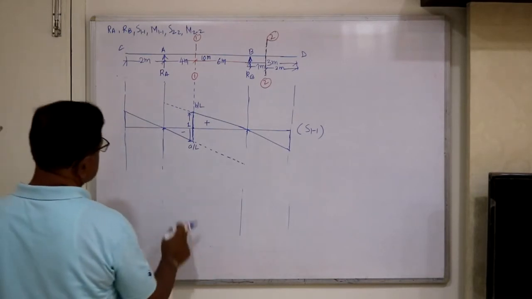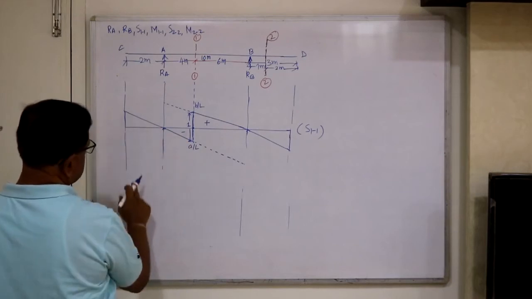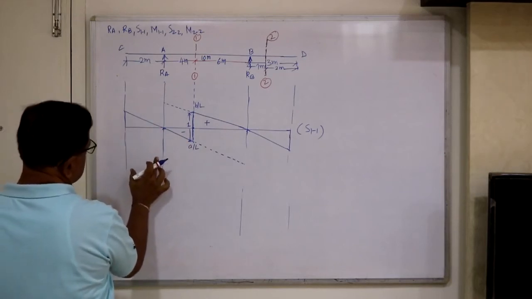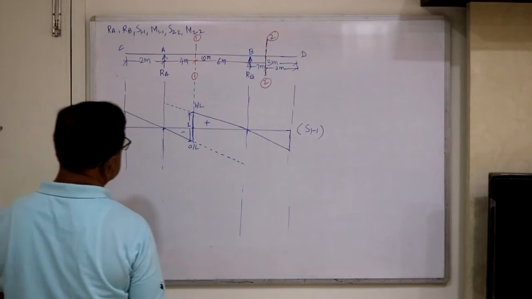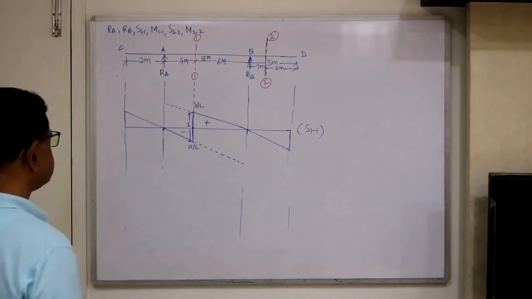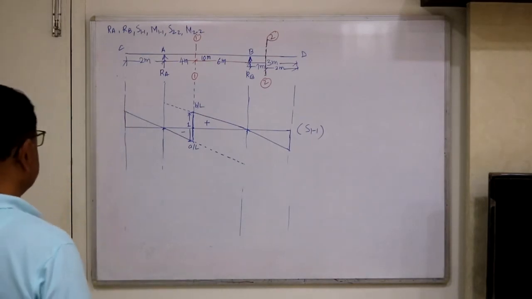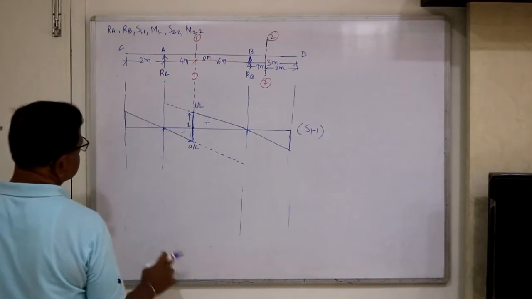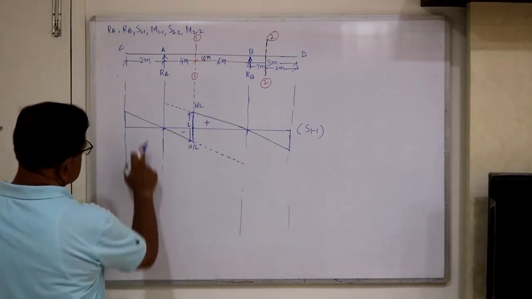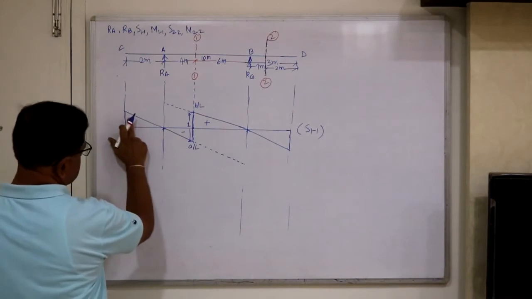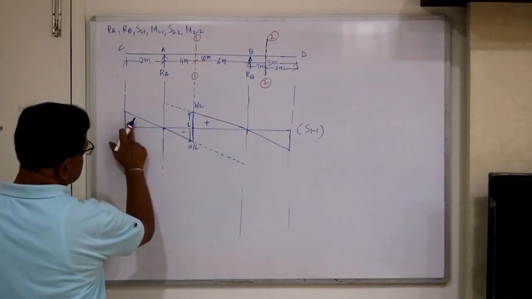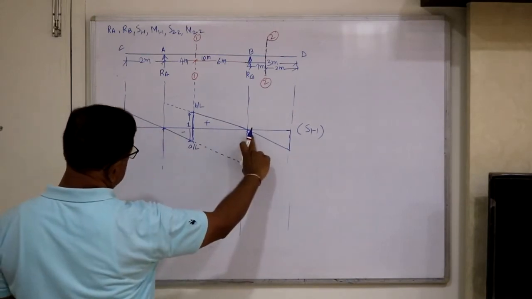See, that means we can compare this triangle and this triangle. So this height divided by this height is 1.